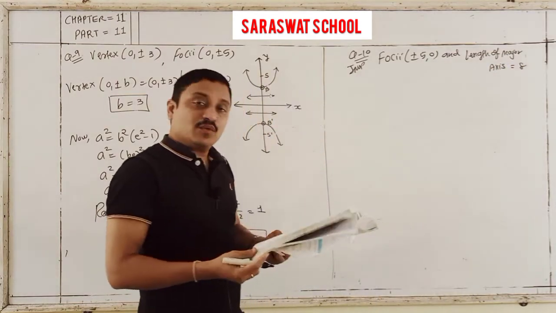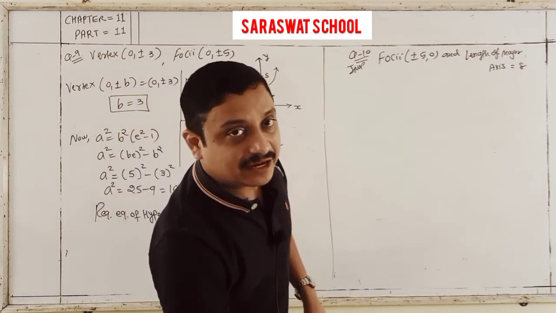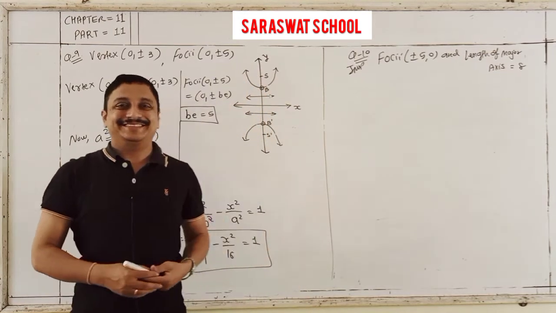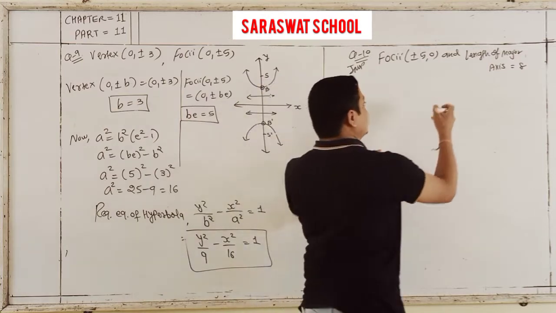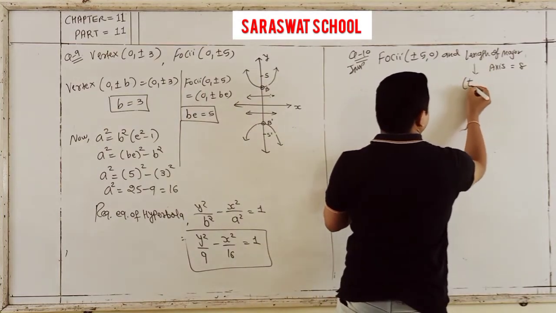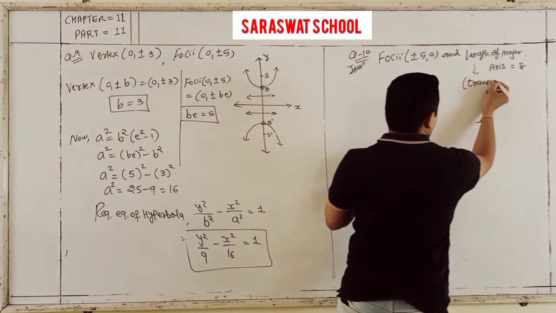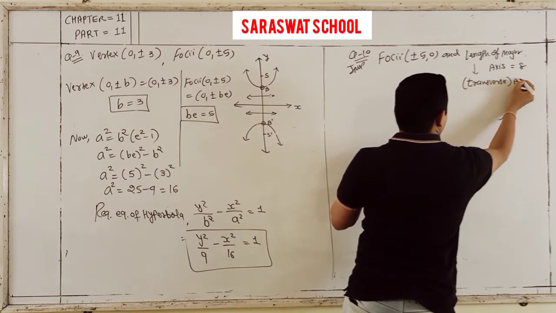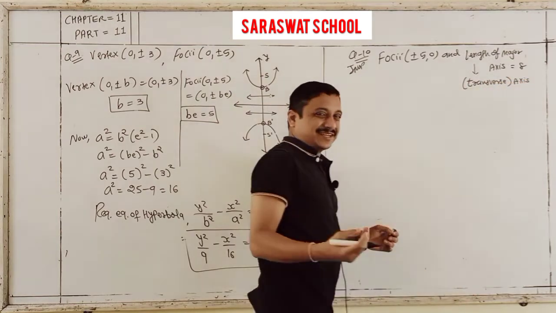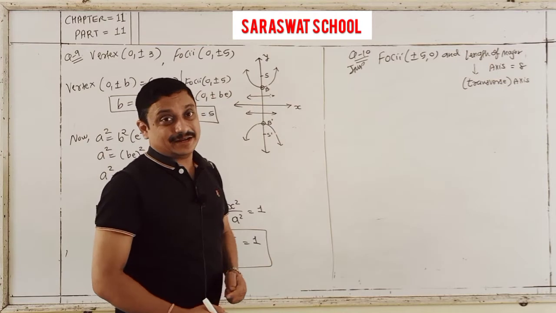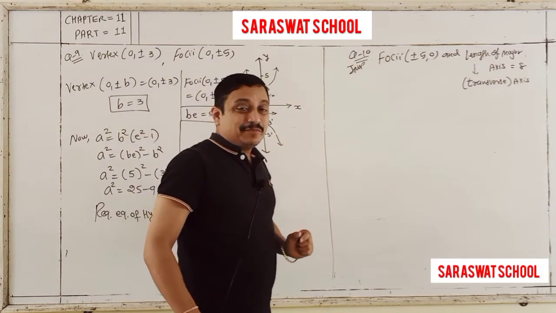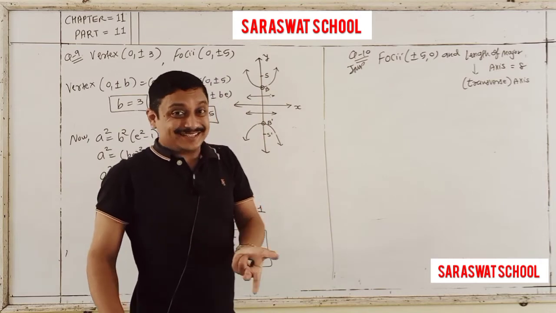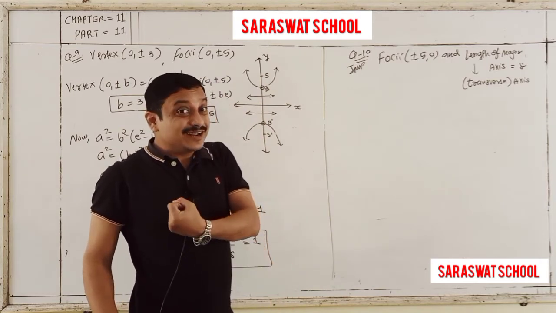Now students, according to that I will apply my formula. Again I repeat, the length of the major axis means the transverse axis, which is given as 8. First of all, check where your foci are: on the x-axis. It means the transverse axis is the x-axis and the conjugate axis is the y-axis.